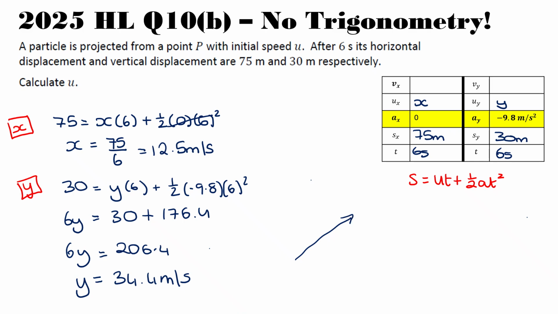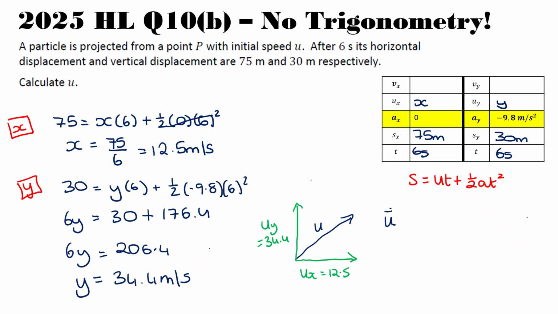So what we want is our u, but we've actually just worked out our x direction, which is 12.5, and our y direction, which is 34.4. So to get our answer for u, we're now going to find the magnitude.